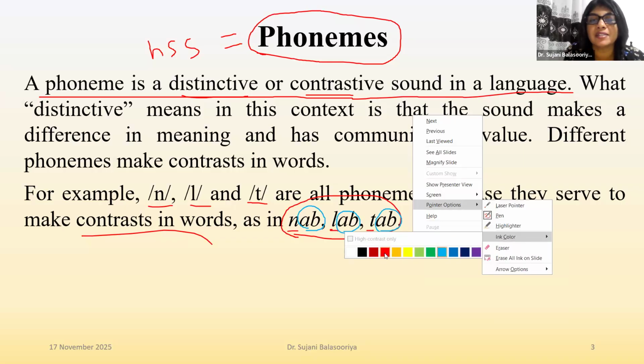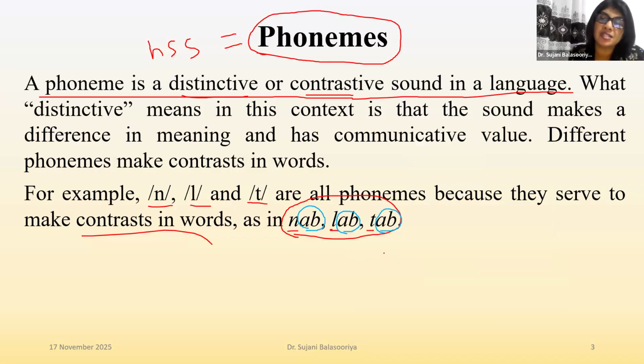Why is that? What makes the difference in meaning? Any idea? Because nab is different from lab in meaning, and lab is different from tab in meaning, and tab is different from nab in meaning. All three words contain three different meanings. What makes that difference in meaning? Any idea?